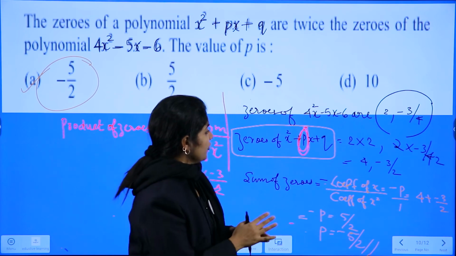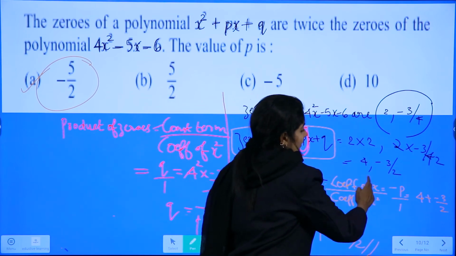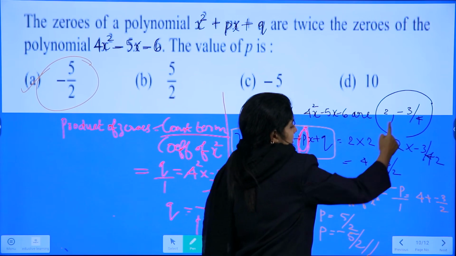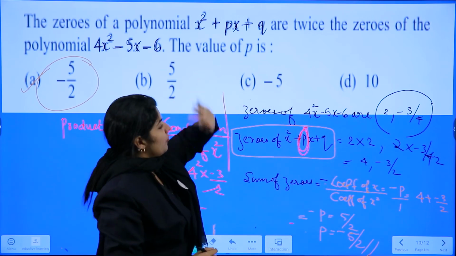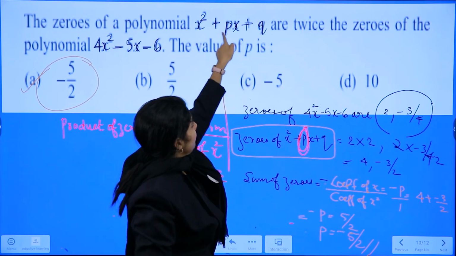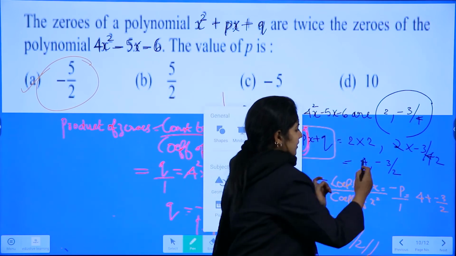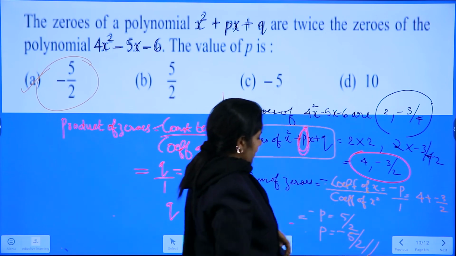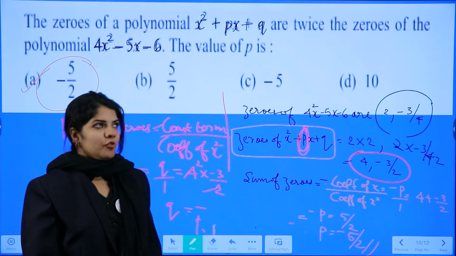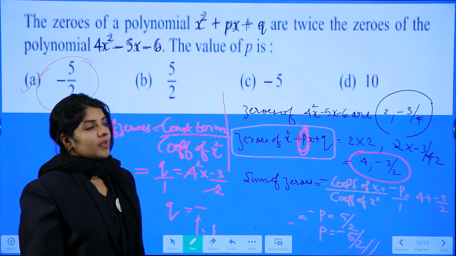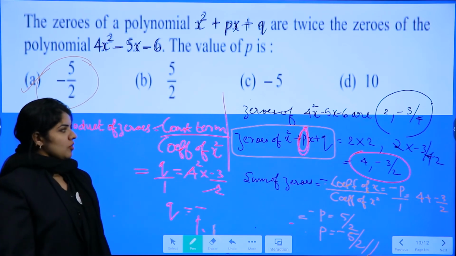Don't get confused here. We have to take the zeros value as this. Don't take this, because your question is to get the value of p. So we have to consider this one, and this one's zero is twice. So we have to take these zero values. Once you get the p value, you can find q also by taking the product of zeros.